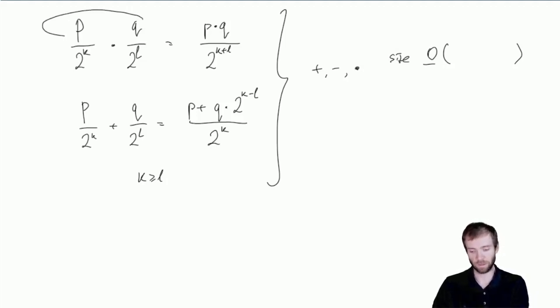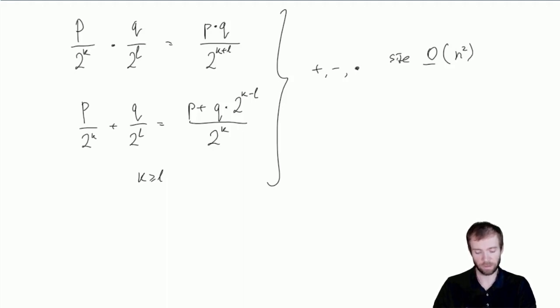So if we have numbers p, q, k, and l, and the maximum of these numbers is storable with n bits, then we have size at most quadratic and depth at most logarithmic, assuming that all our numbers p, q, k, l fit into n bits.